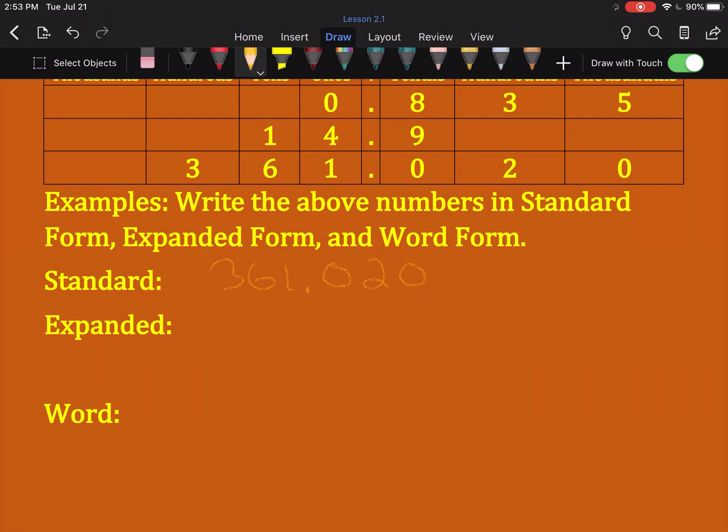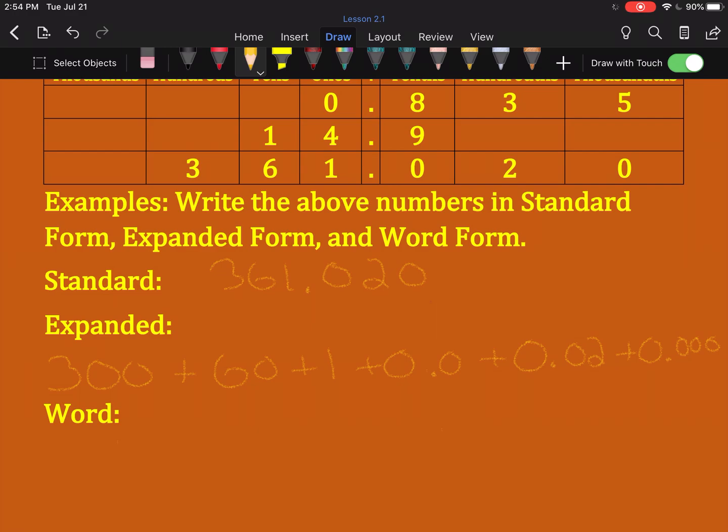Expanded form, this is a long one, because we have a 300, a 60, a 1, nothing, so 0.0, a 0.02, and a 0.000. I have to write down one thing for each position, and there are 6 different positions used here. So I have 6 different things to add: 300, 60, 1, and the 2 in the hundredths position.